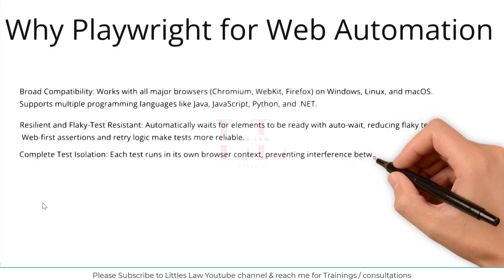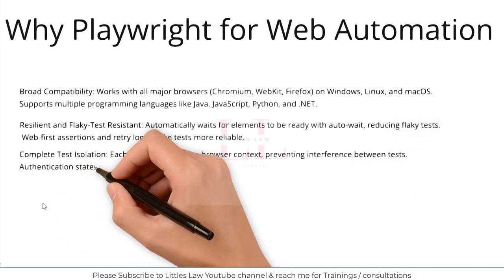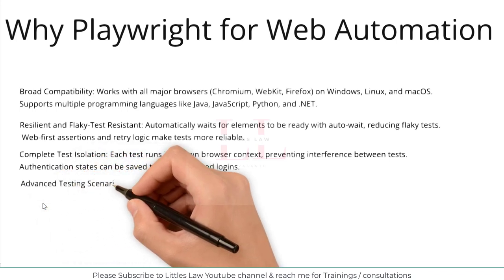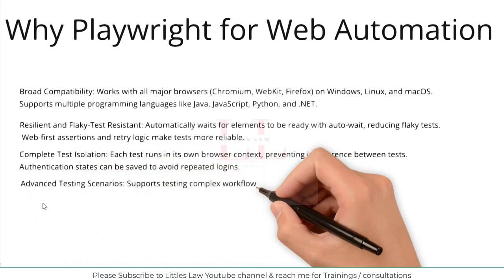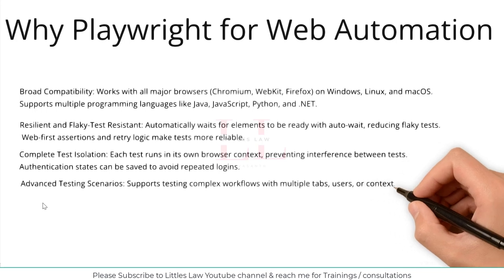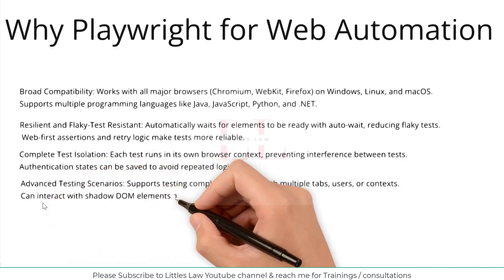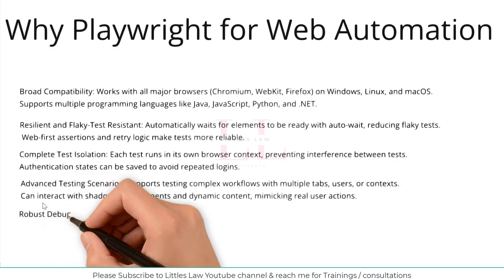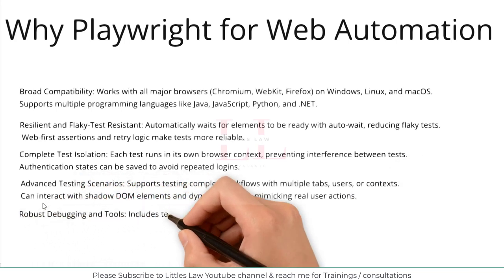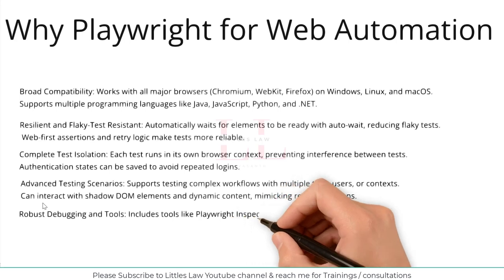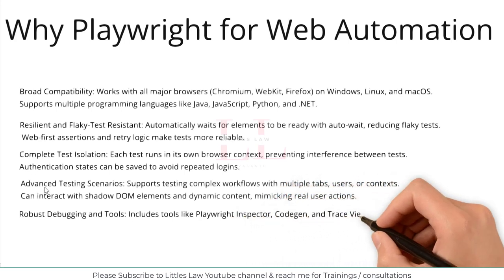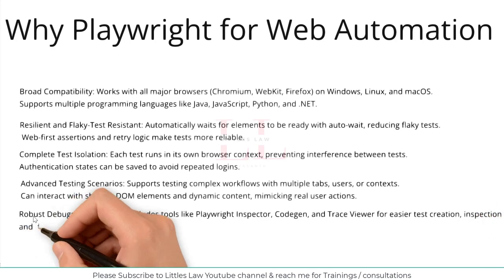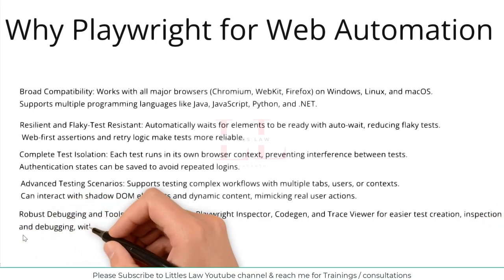It works with popular browsers like Chrome, Firefox, and Safari, and you can use it on Windows, Linux, and macOS. It also supports several coding languages, which include Java, JavaScript, Python, and .NET. For example, you can write the same code to test a website on different browsers without needing to change anything. So just imagine how flexible Playwright is, right?